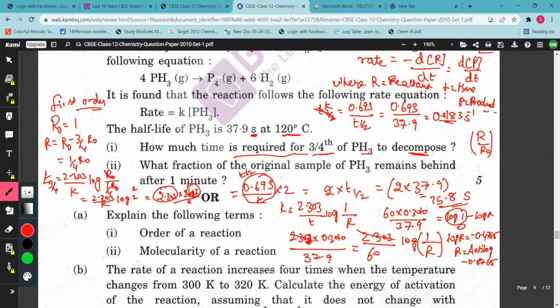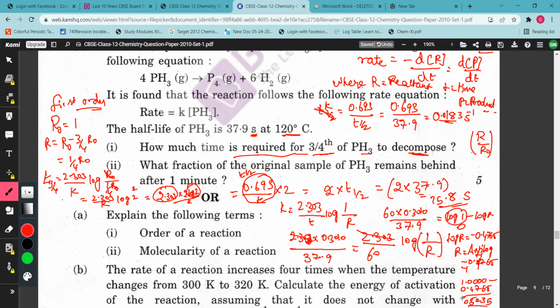For a negative number, the decimal part is negative, so we have to convert this decimal part into positive to find the anti-log. For that we add minus 1 here, plus 1 here. 1.0000 minus 0.4765. You subtract: 5, 3, 2, 9 minus 4 is 5.